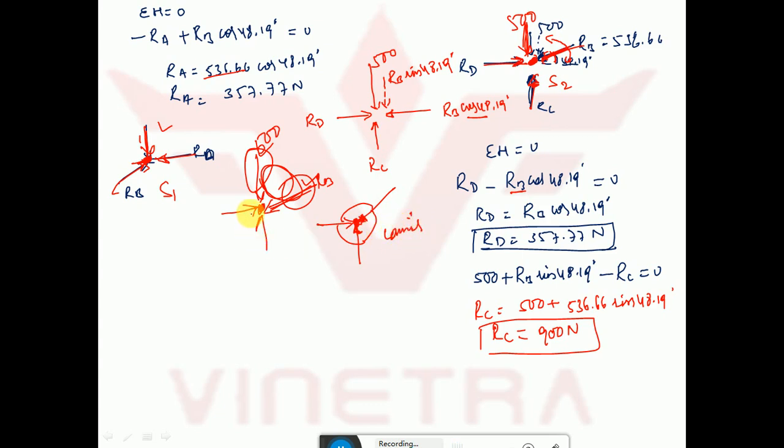If four forces are there, we cannot directly go for Lami's theorem. At sphere S1 we can easily go for Lami's theorem, but for sphere S2 we cannot.